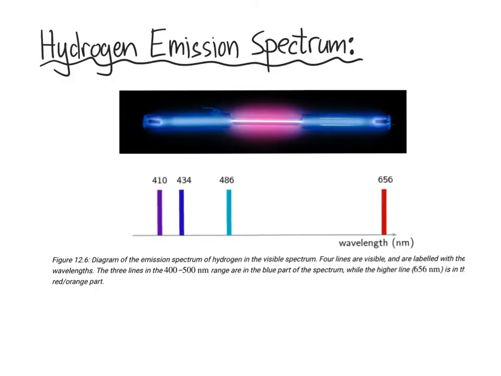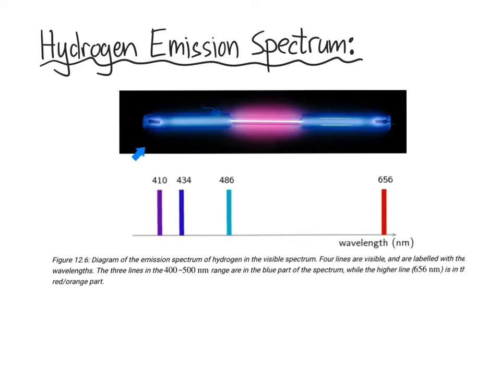So the first example we are going to look at is that of a hydrogen emission spectrum. Now, the hydrogen emission spectrum would be generated by placing an electric current through a gas discharge tube like this, which is filled with hydrogen gas.